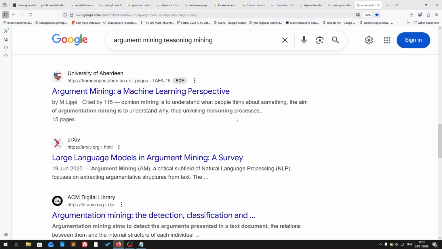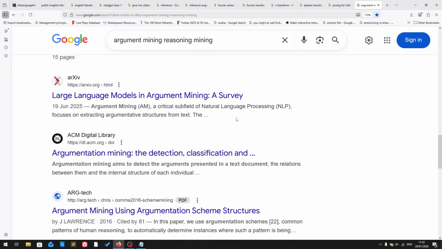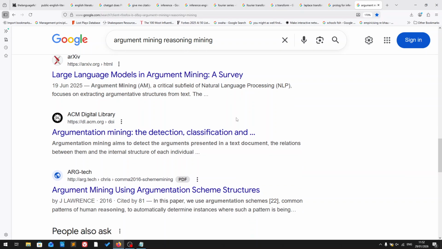So argument mining, a machine learning process. Again, this requires a lot of prerequisite in terms of mathematics from bachelor's and master's, and it requires mathematics from computer science as well. So discrete mathematics, in certain areas of mathematics, are to be learned before you can actually make sense of notes and presentations such as we saw just now.